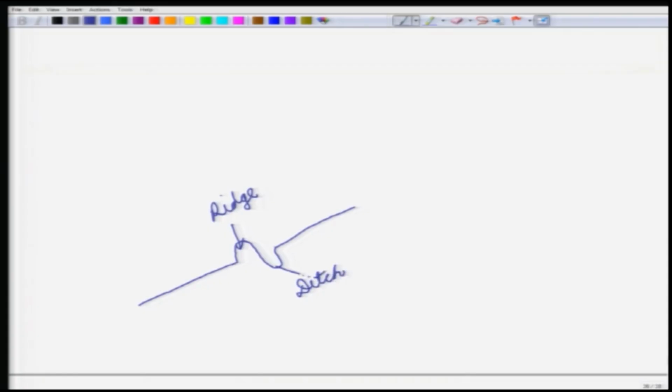Now, a ridge and a ditch is generally preferred in those areas where you have a slope and also the rainfall is erratic. So, it is possible that in a particular year you are getting a very low amount of rainfall. It is possible that in a certain year you are getting a huge amount of rainfall.